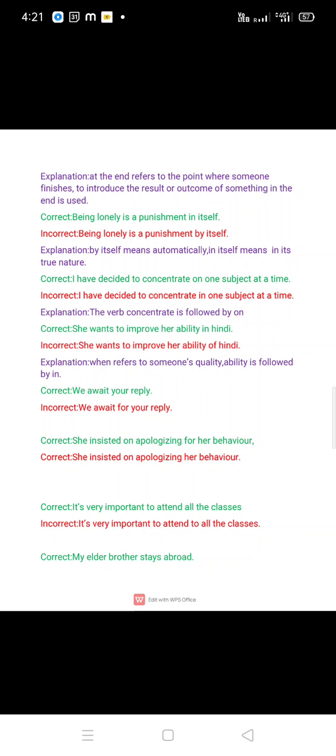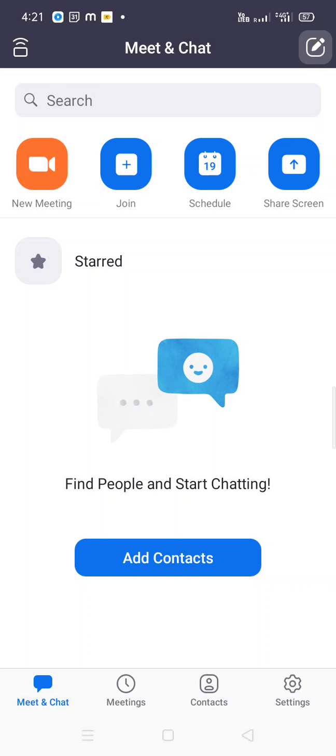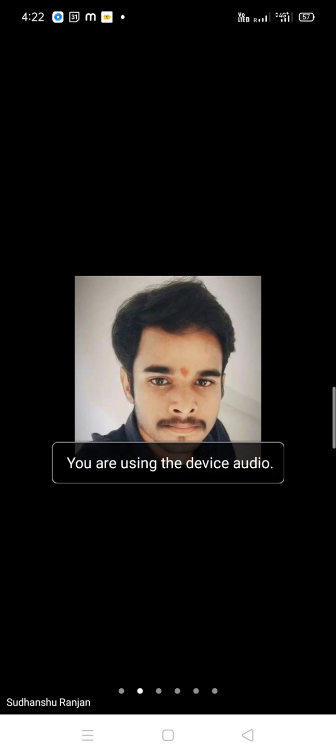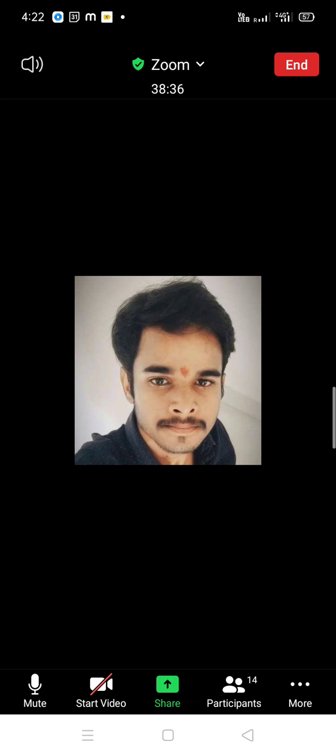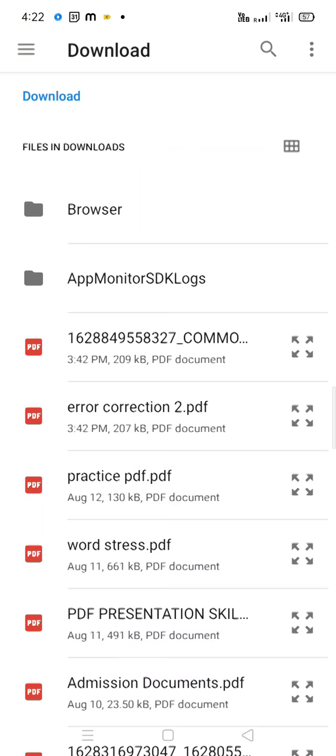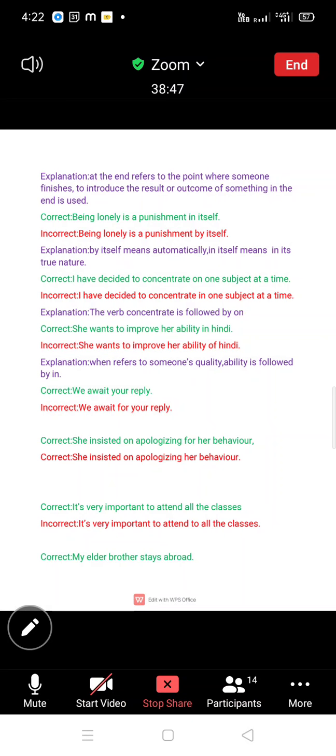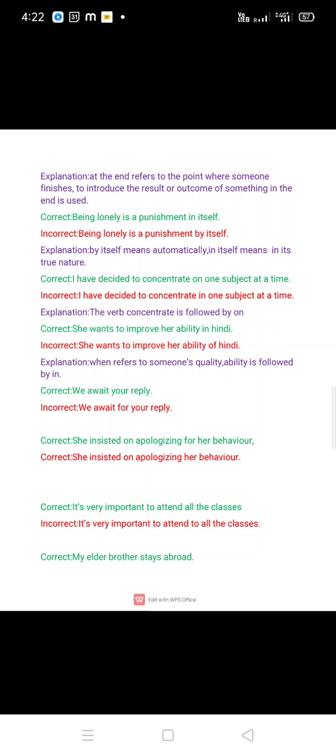So the verb concentrate is followed by on, not in.